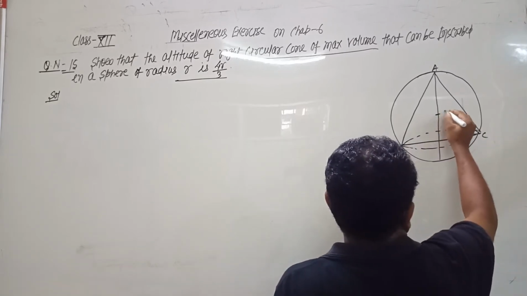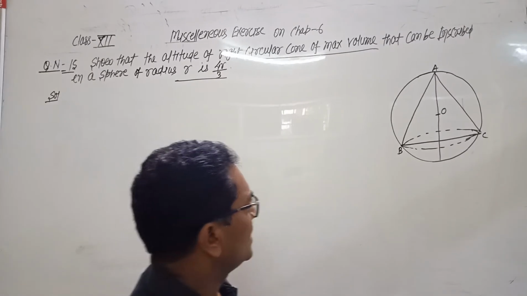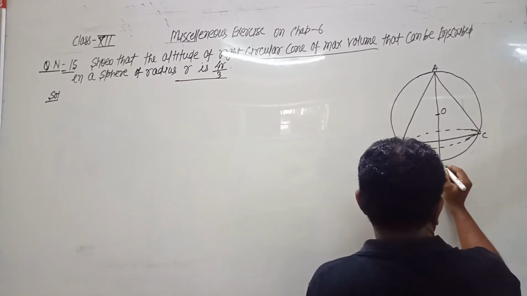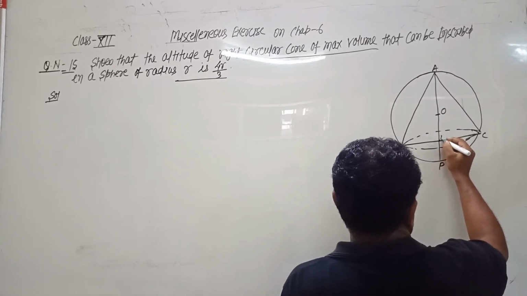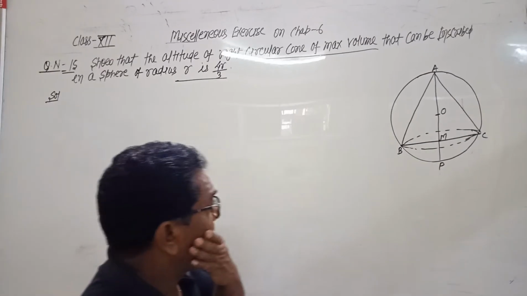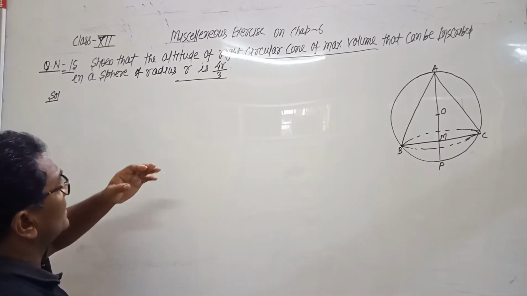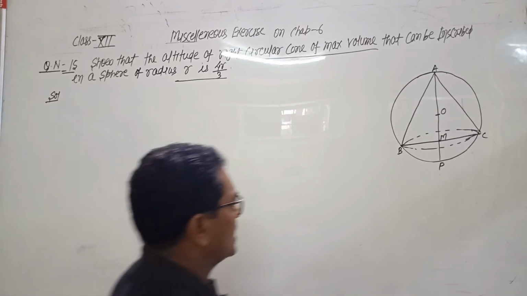O is the center of the sphere and P is any point on the sphere. Let this point be M. And the right circular cone can be inscribed in a sphere of radius r.